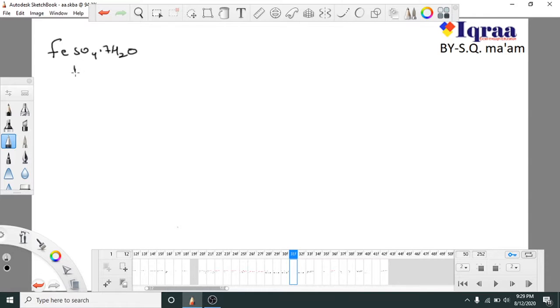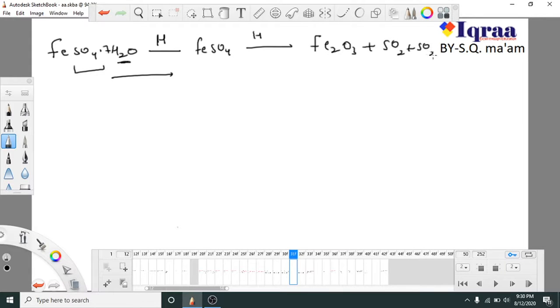This water is known as water of crystallization, and this is hemihydrate because it is having water. It is also known as green vitriol. After heating it will form this one. After again heating, this is also a decomposition reaction, and after this it will form ferric oxide, which is red in color and solid state, and this one and this one.